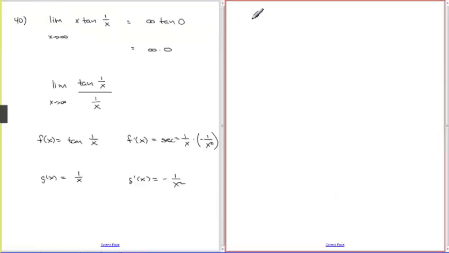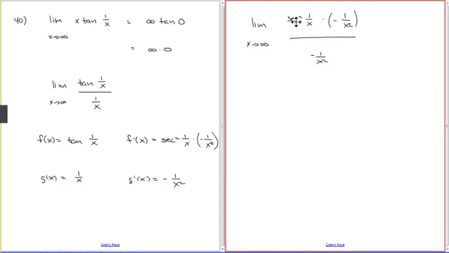So now we look at that limit. Instead of looking at that limit, we're going to look at secant squared of 1 over x times negative 1 over x squared, divided by negative 1 over x squared. And you see these two cancel out. So what we're looking at is the secant squared of 1 over x. 1 over infinity is 0.